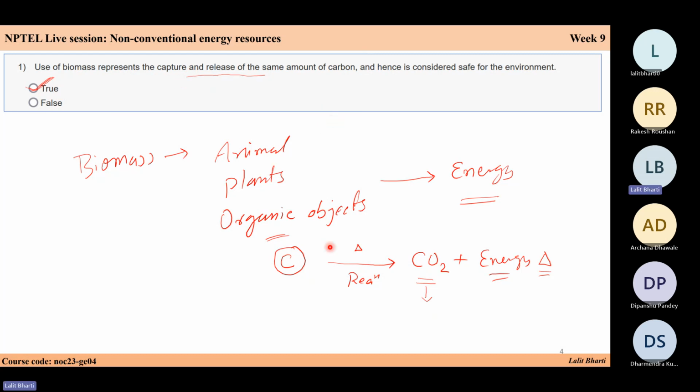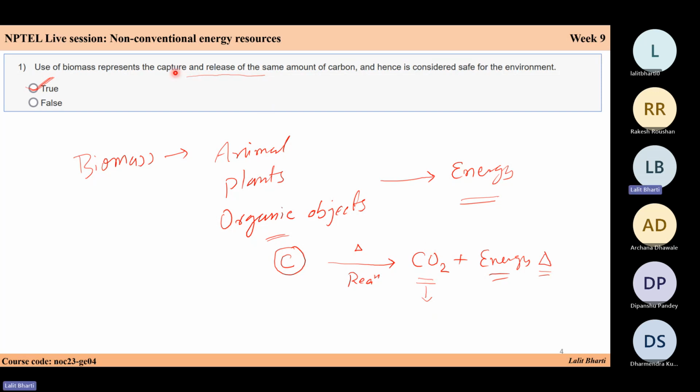Ideally they are considered as capture and release of the same amount of carbon. This is the carbon and we will get it in the form of CO2. Hence these are considered safe to the environment. Although you may object that initially we had carbon, and in the product we have CO2, which is a polluting gas.